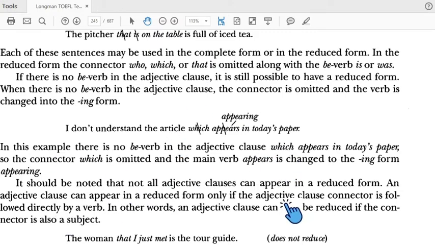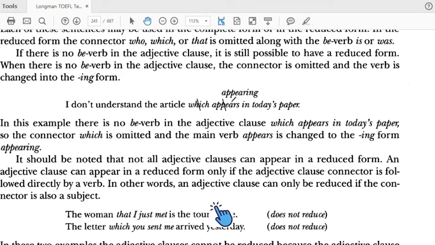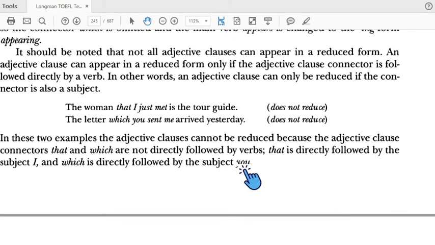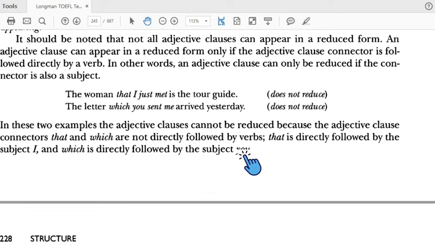Well, back to another example. Okay, you have to focus, because we need to think about this one. For example, the woman that I just met is the tour guide. In this one we can't reduce it, because the connector directly meets the subject.